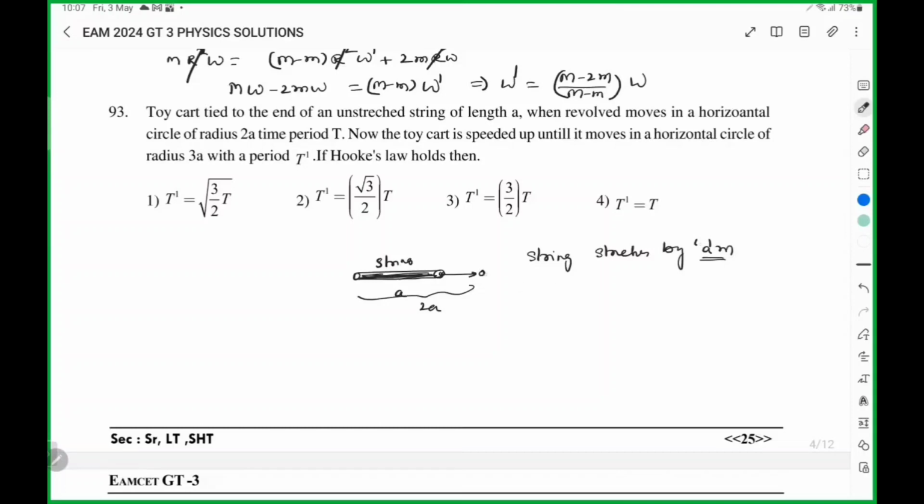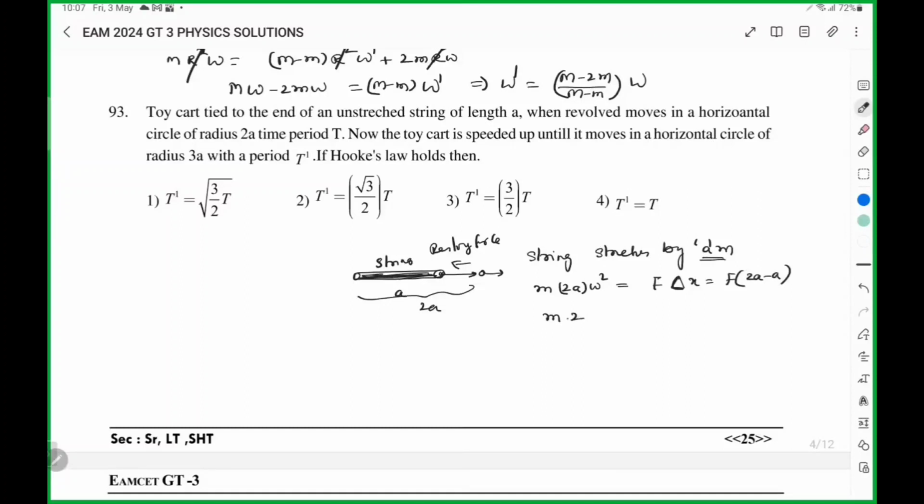So here centrifugal force is m 2a omega square, which is the same as the restoring force. By Hooke's law, restoring force is K into delta x, the change in length, that is 2a minus a.